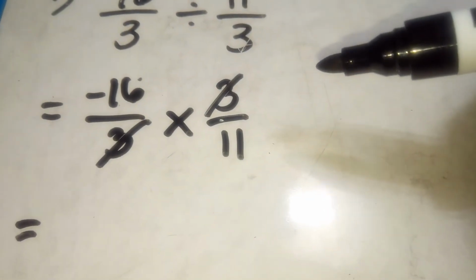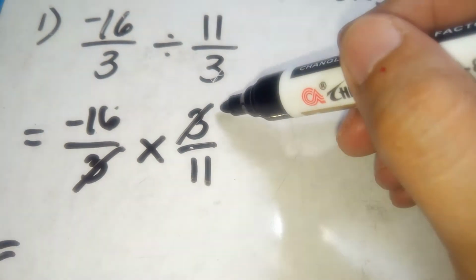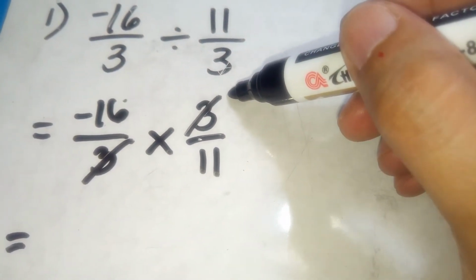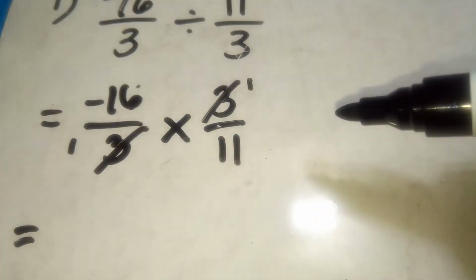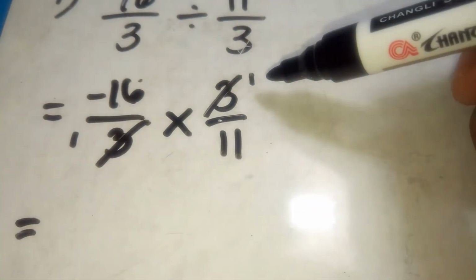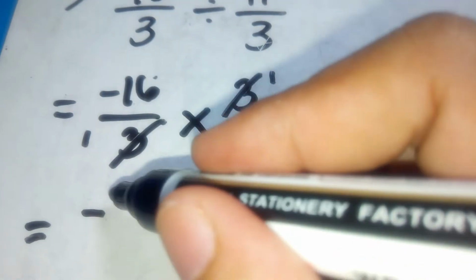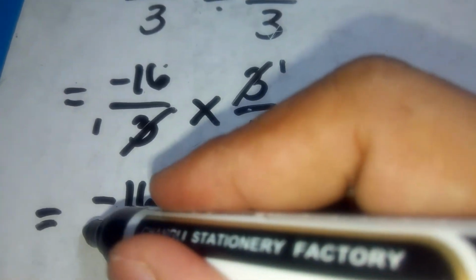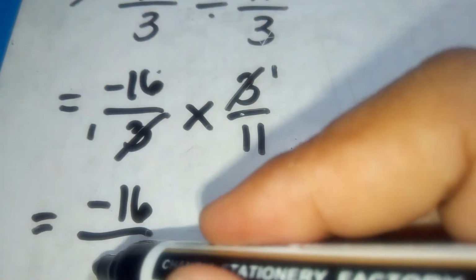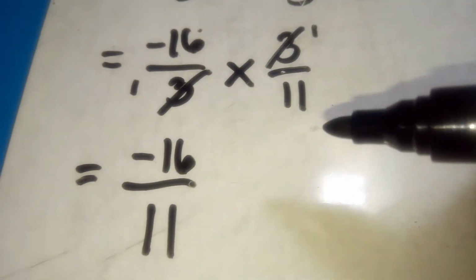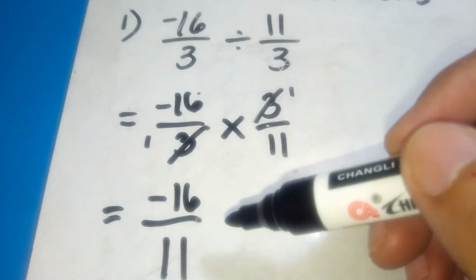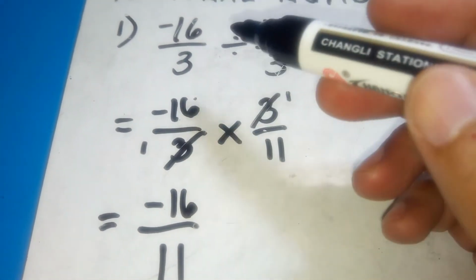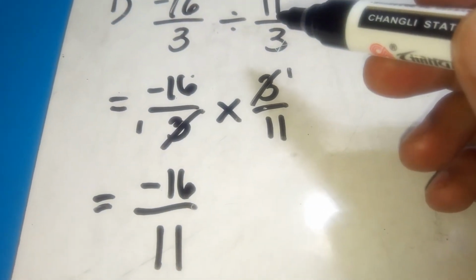The remaining factor of 3 is 1, and the denominator is also 1, so we can multiply negative 16 and 1, that's negative 16, over the product of 1 and 11, that's 11, and this will be the quotient of negative 16 over 3 divided by 11 over 3.